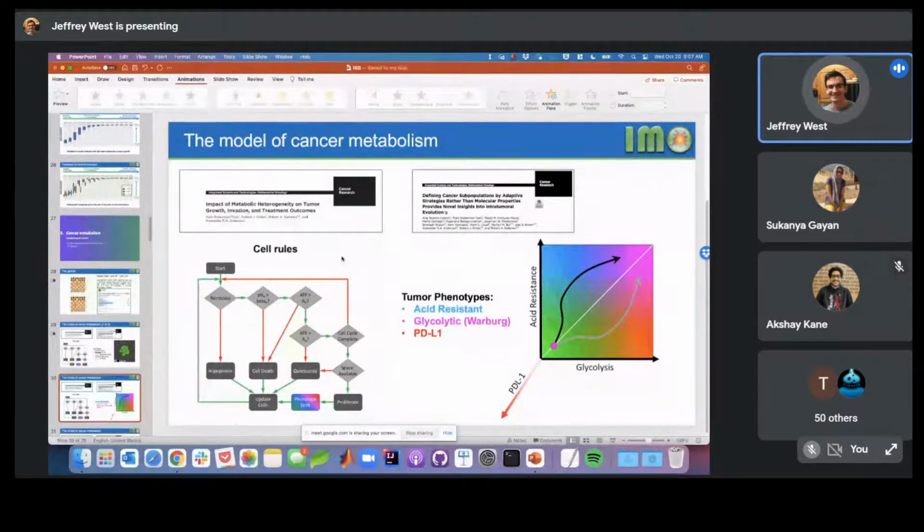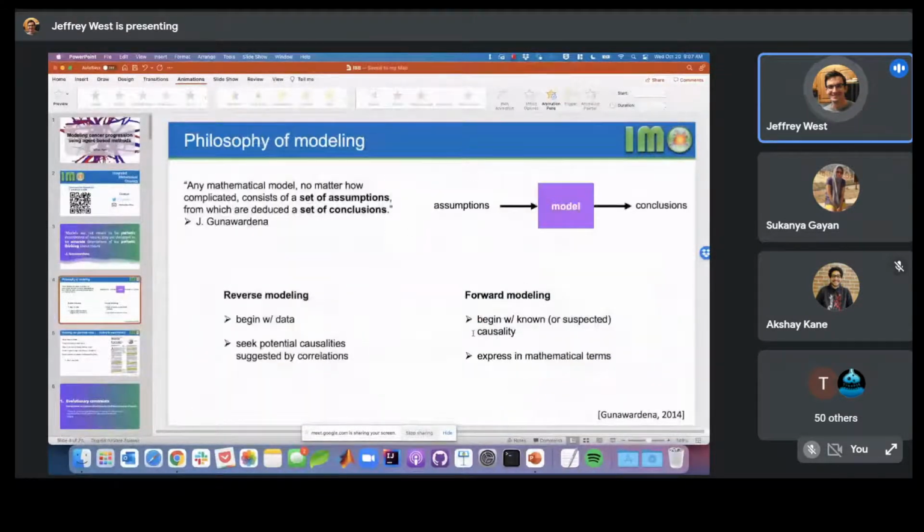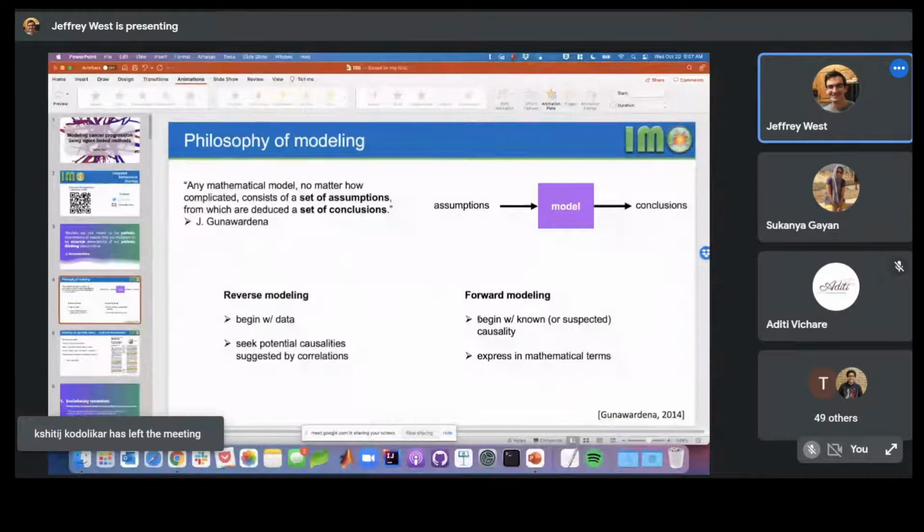The reason why I introduced hypothesis-generating forward modeling is because I think it's less common. The places where this really shines, in my opinion, is where data is classically difficult to collect.